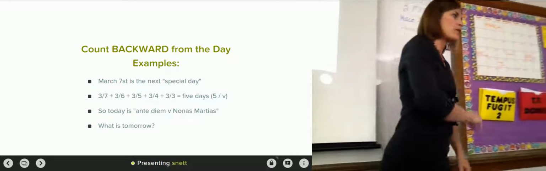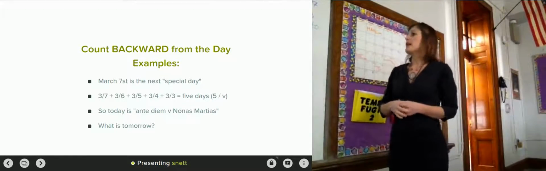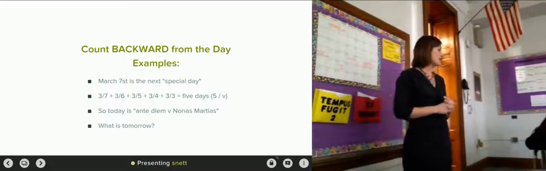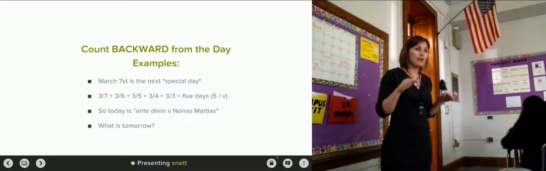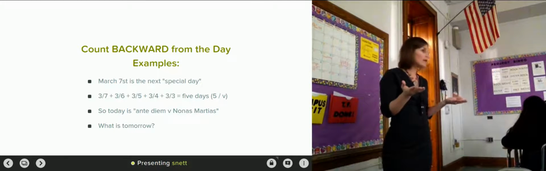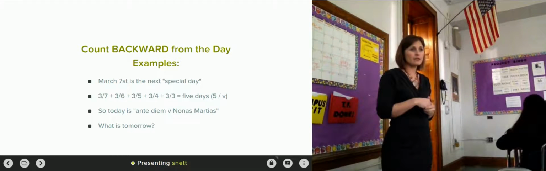And then you work your way backwards to where you are. In our American dating system, if I said, hey, it's March 3rd, how many days until the 7th? You would use simple math, right? 3 plus x equals 7, x equals 4. Because this is a fact I've known since I was a kid, right? 4 days until the 7th.